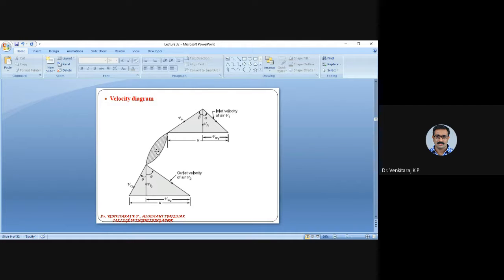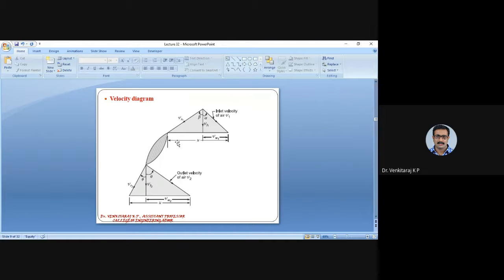So let us draw the velocity diagram. This is the velocity diagram for the axial flow compressor, and you can see the blade speed u. We have discussed the velocity diagrams earlier.